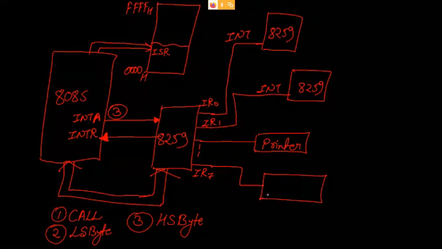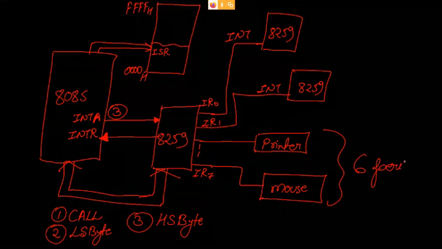and then you can connect, suppose, a mouse or touchpad or a keypad. So in that case, now there are two 8259s and 6 peripherals. So there are 6 direct peripherals, or hardware, and you have two 8259s. Remember, each 8259 can provide 8 IR interrupts.